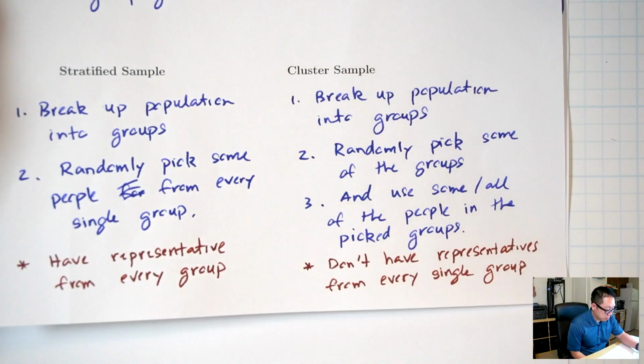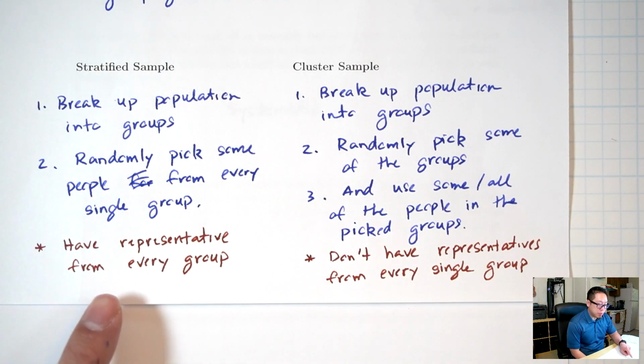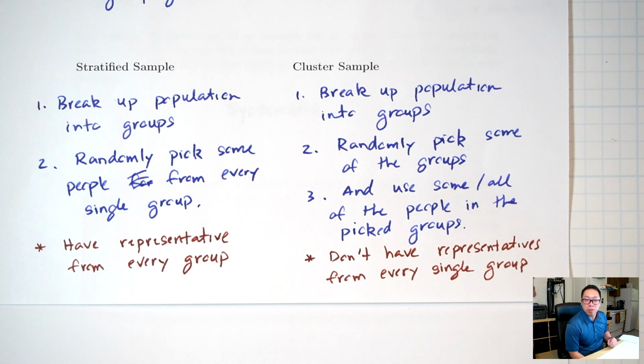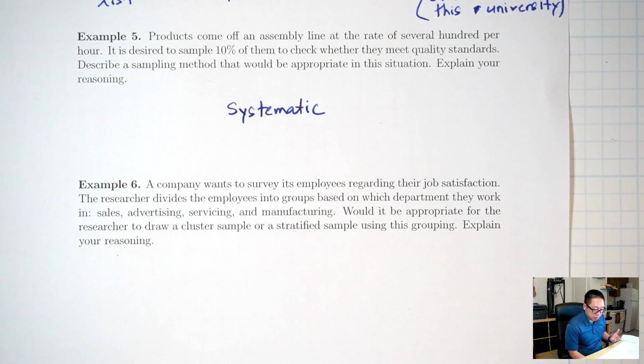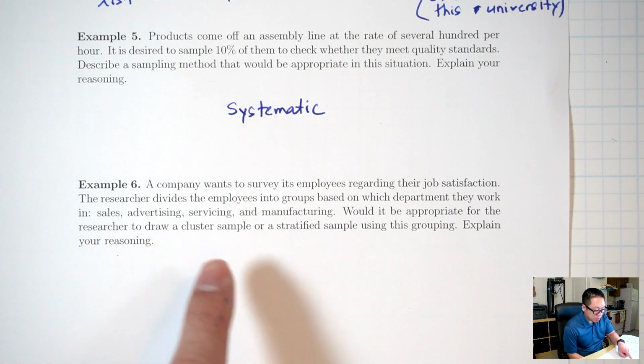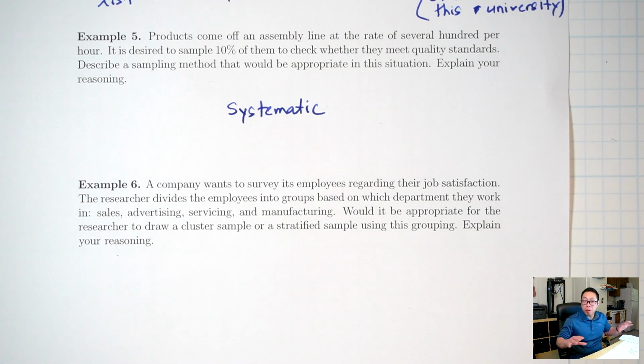And really the question is, do we want to have representatives from every single group, or are we okay not having representatives from every single group? So in this case, we probably do want representatives from every single group, right? Because sales, advertising, servicing, and manufacturing are probably groups of people that we think might be different.